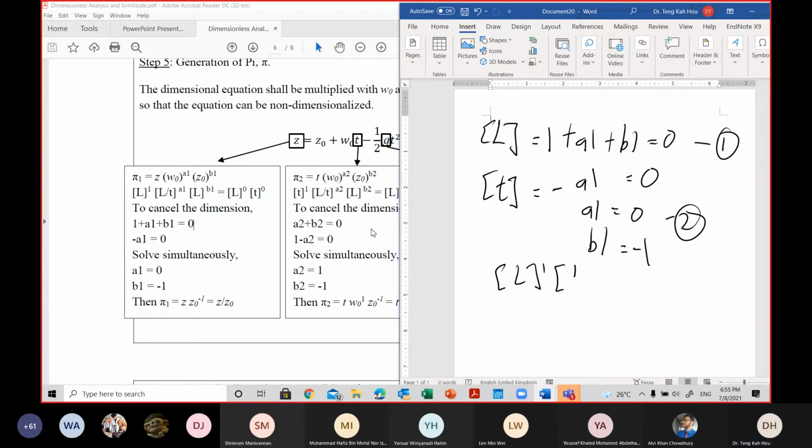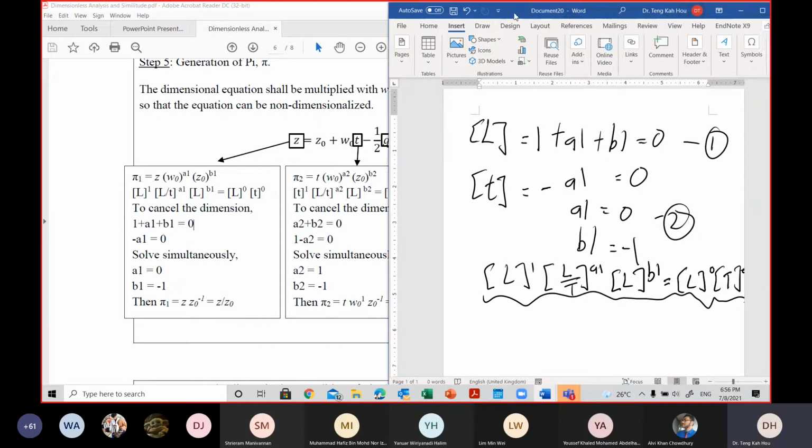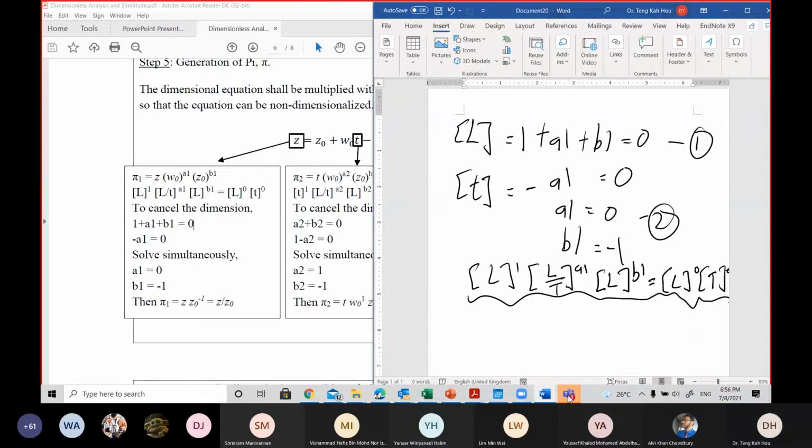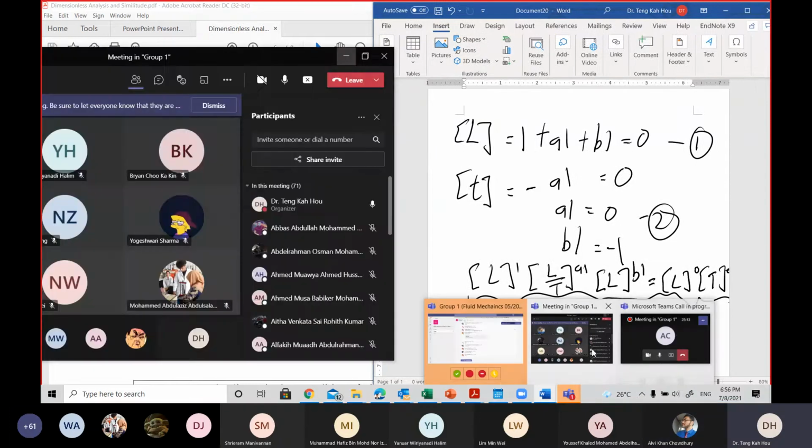L1, L over T to the A1, L to the B1 equal to L0 T0, right? As I said, the main reason we want to make the equations dimensionless. So you know that my L must be 0, T must be 0. Until these steps, can you follow me? Yes, sir. Yep, no question, right, for the whole class?